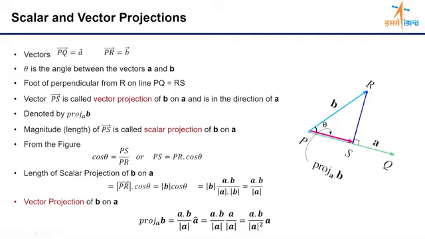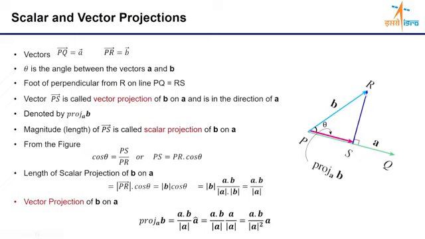So this is A vector and this is B vector, and the angle between B and A is theta. Here you can see theta is the angle between both vectors A and B.